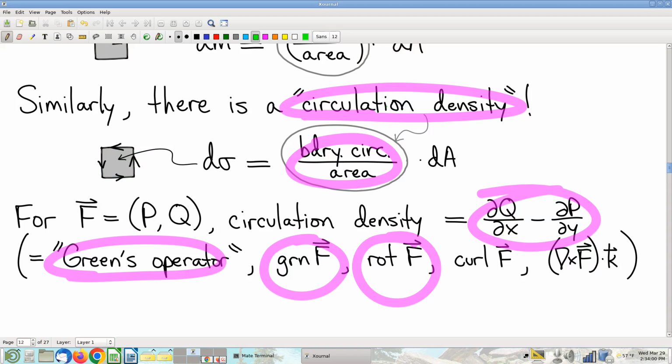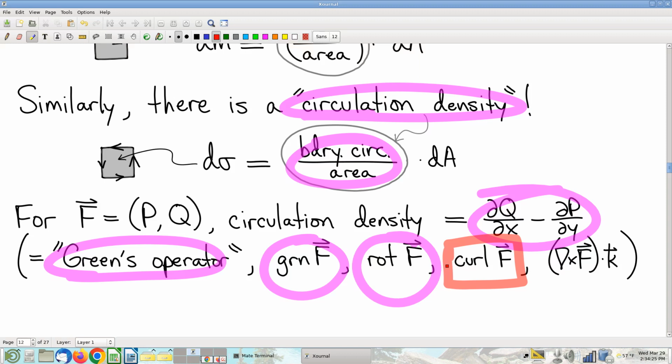And now to the ones that I don't really like. I guess I'm going to put these in red. Some people call this curl. Y'all may remember back in chapter 3 we talked about curl. But curl is a vector. This is a scalar. So it seems pretty different.